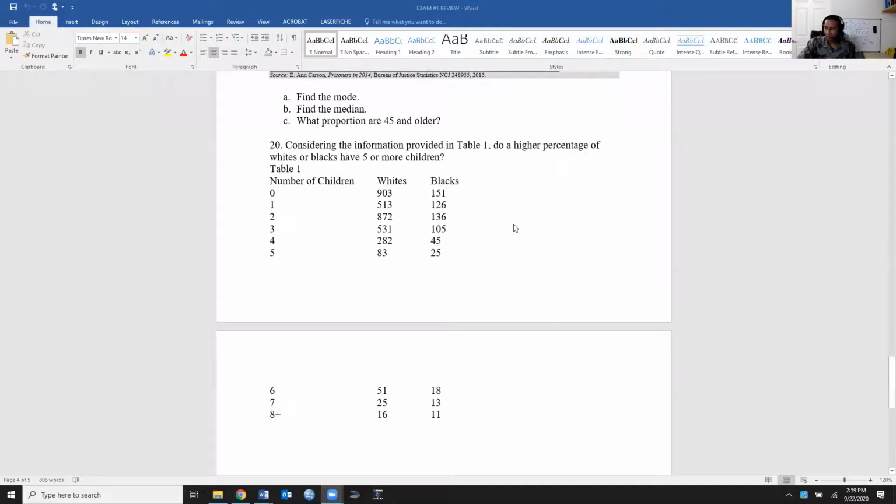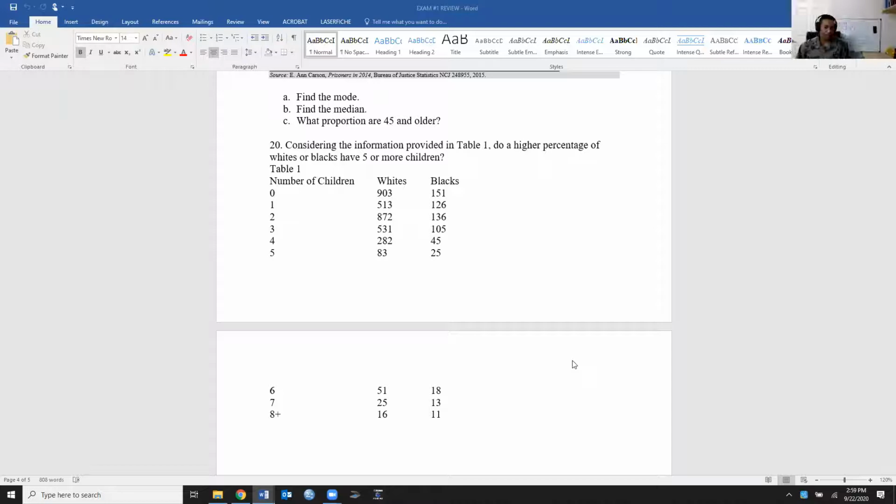So how are you going to go about solving this one? You would do the same thing in letter C in the previous problem for this one, correct?